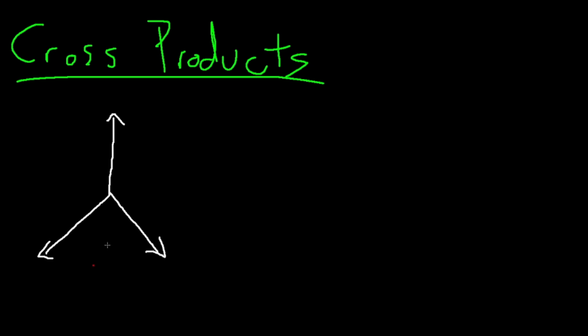So say you had one vector that's going, this is going to be kind of hard to draw, but let's say it's going out this way, and you have another one, and this one's going to be coming towards us. Kind of like that. And then this forms, actually, that's a little bit more accurate.